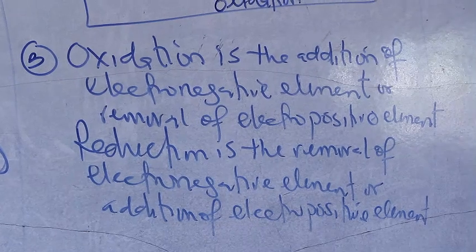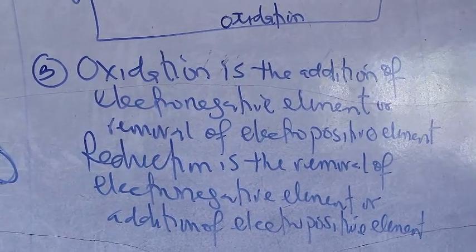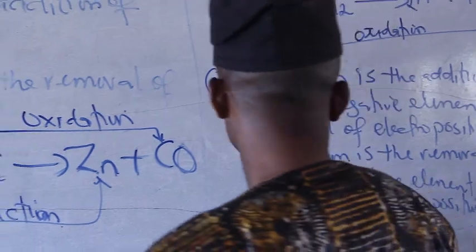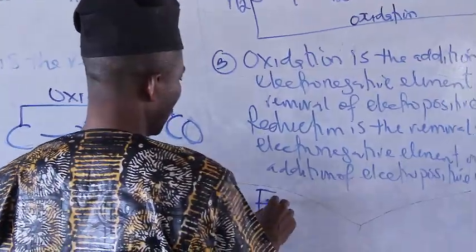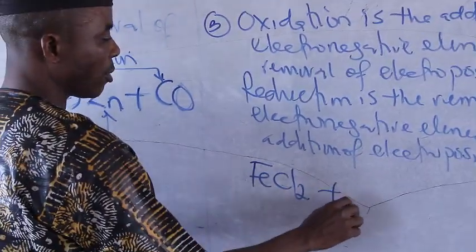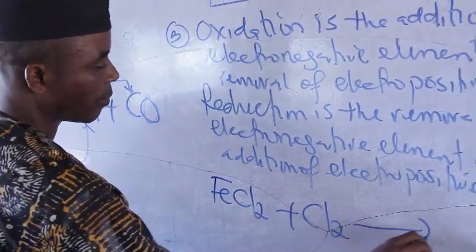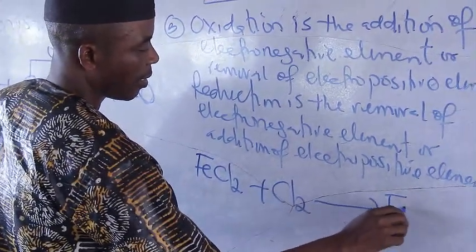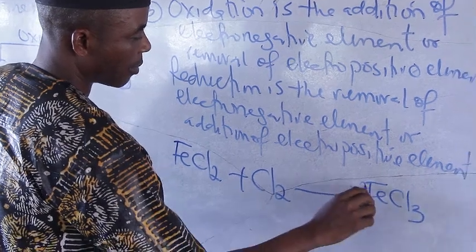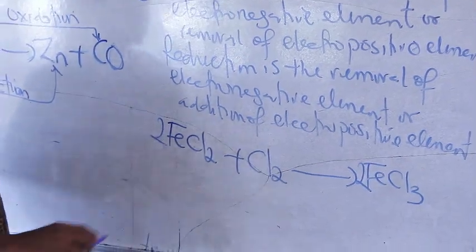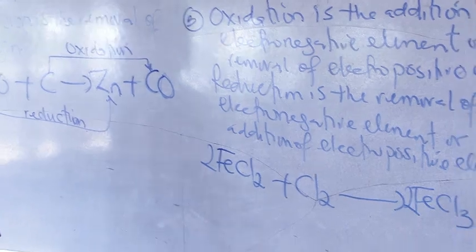Now let's look at this equation. Iron 2 chloride reacts with chlorine to give iron 3 chloride. This is an equation.